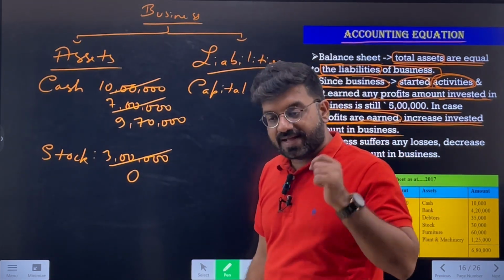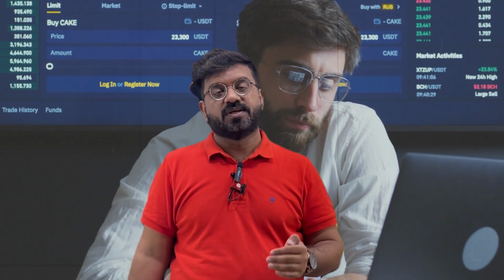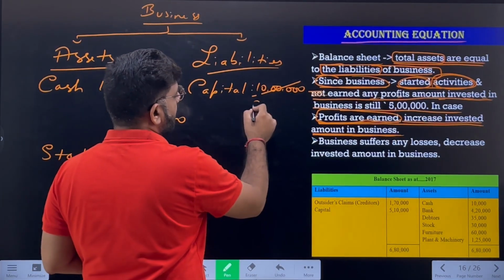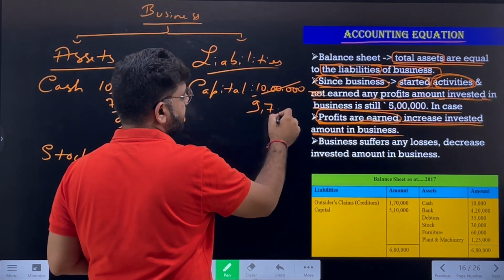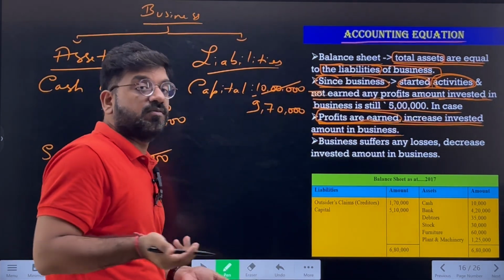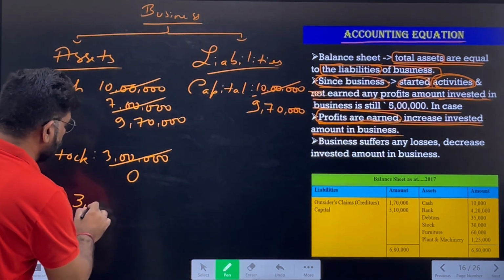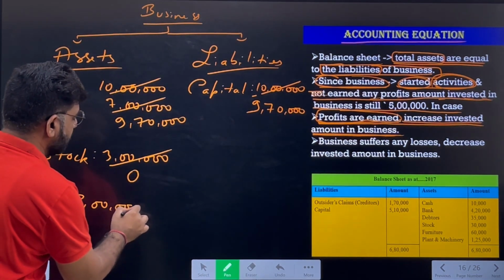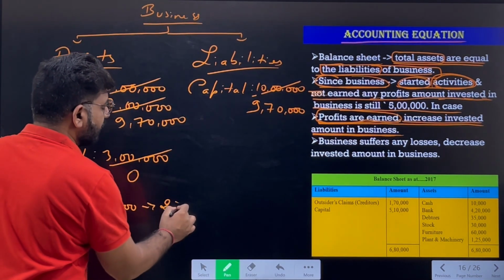Now again, since the business has suffered a loss, the amount invested by the owner has reduced. So this is the amount which will be deducted from the capital, after deducting 30,000 as a loss. How come 30,000 as a loss? Because we sold the goods worth rupees 3 lakhs for how much? 2,70,000.